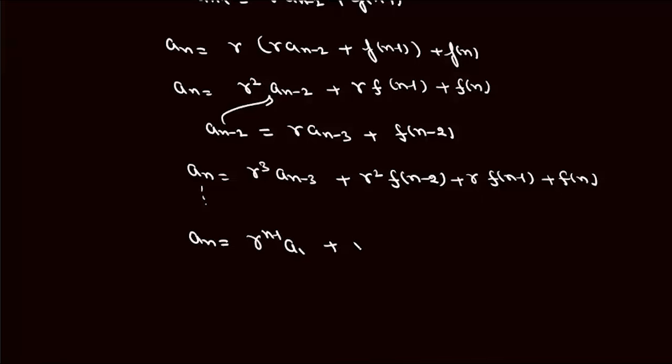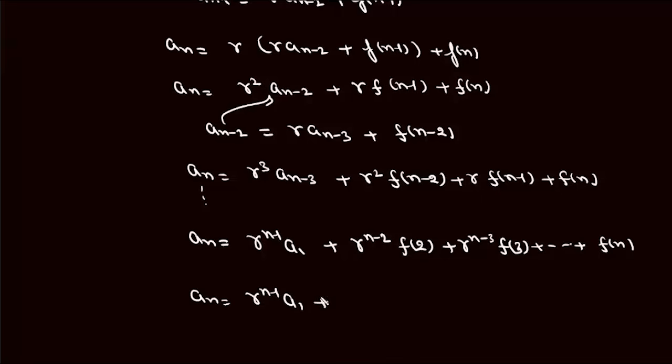plus r to the power n minus 2 f2, r to the power n minus 3 f3, up to fn, or simply an is r to the power n minus 1 a1 plus this summation where k varies from 2 to n, r to the power n minus k fk.